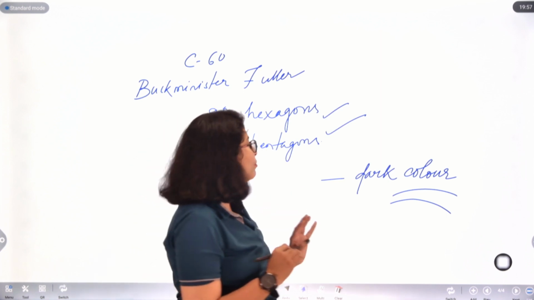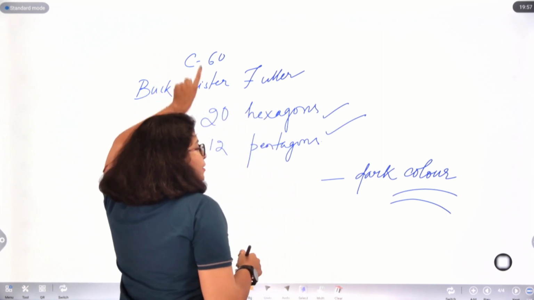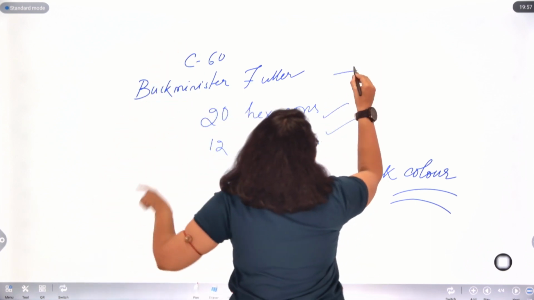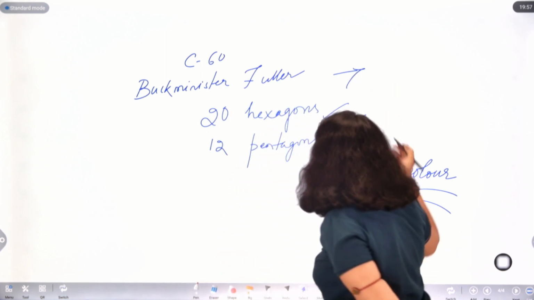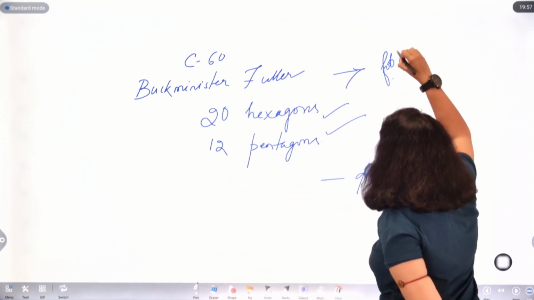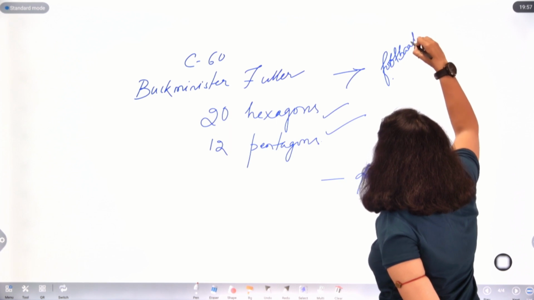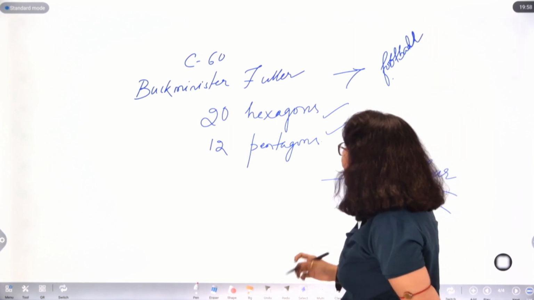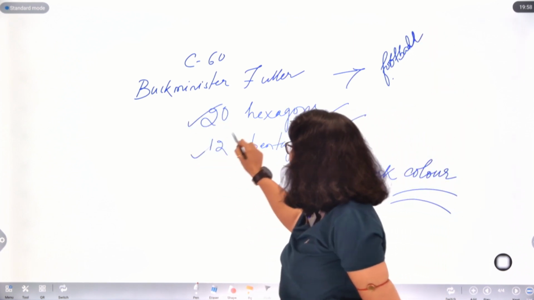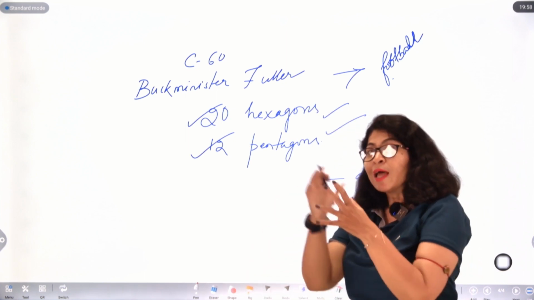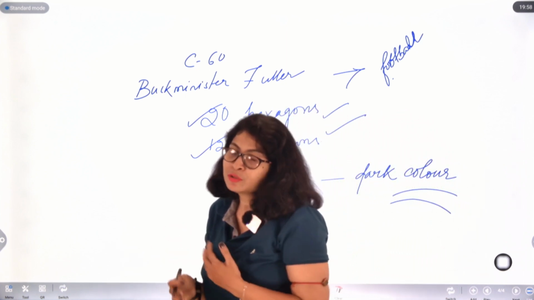So you just have to remember that carbon-60 is called Buckminster fullerene, it is dark colored and football shaped, and 20 hexagons and 12 pentagons are linked together to give that football-like three-dimensional structure.